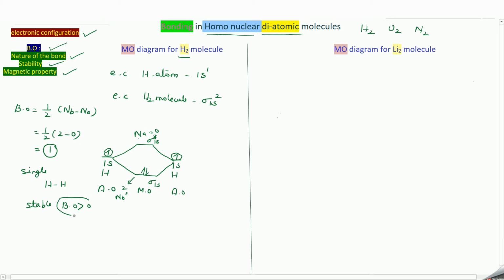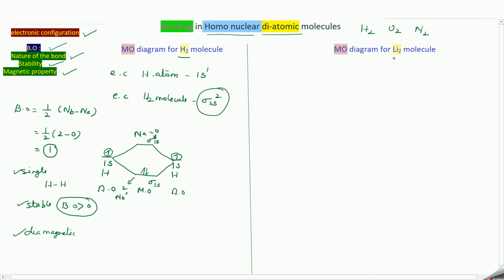Magnetic property: here electrons are paired up, so this is diamagnetic. So we can say that the hydrogen molecule has a single covalent bond between two hydrogen atoms, the molecule is stable and diamagnetic, and the electronic configuration for the molecule is sigma 1s2.